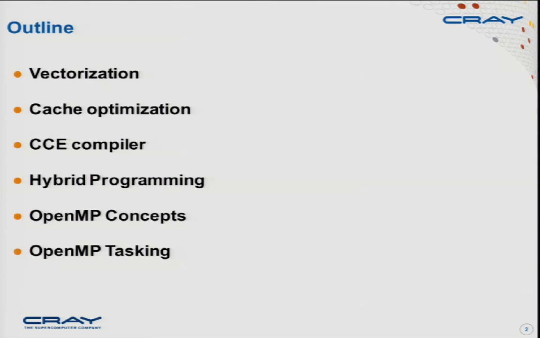Very briefly about the Cray compiler, just to show you a thing or two. Alfio is going to spend more time on that. Then we're going to hit hybrid programming again and OpenMP concepts. Yes, you could say this is an overlap from yesterday, but this is quite a bit different from yesterday too. So kind of more into a different perspective on why you would do hybrid programming.